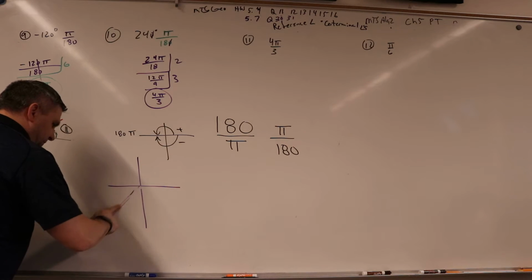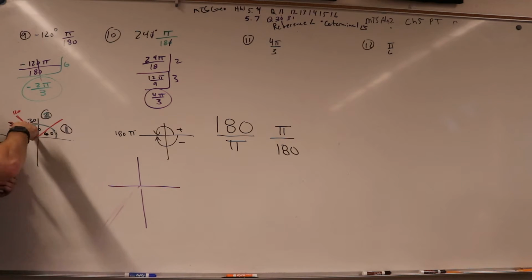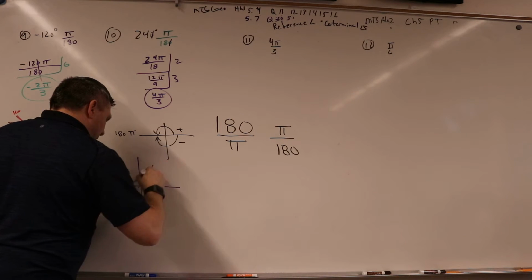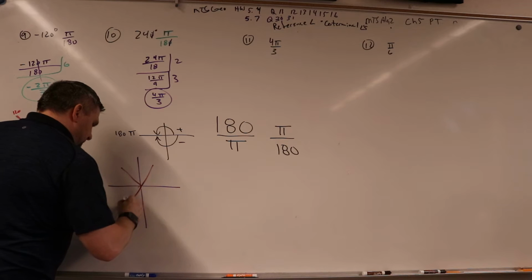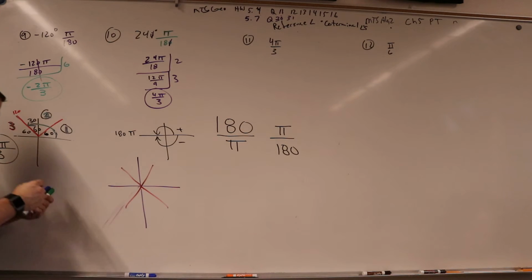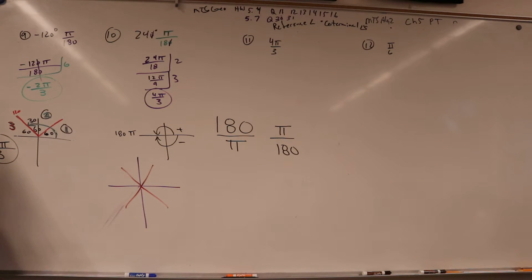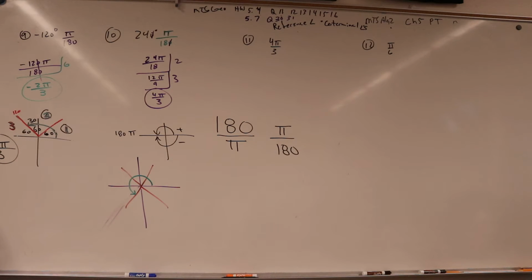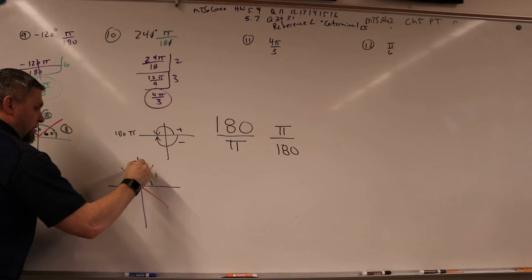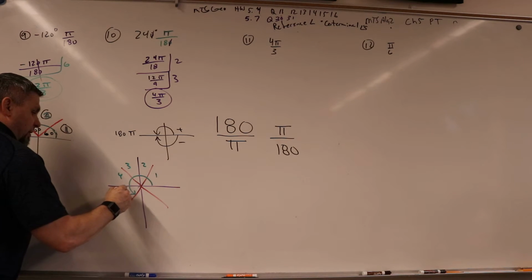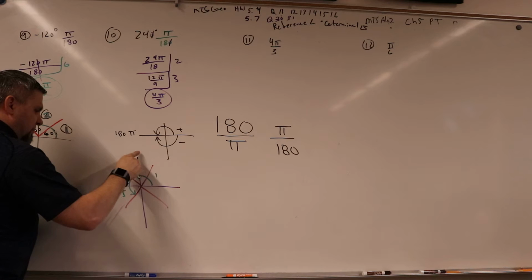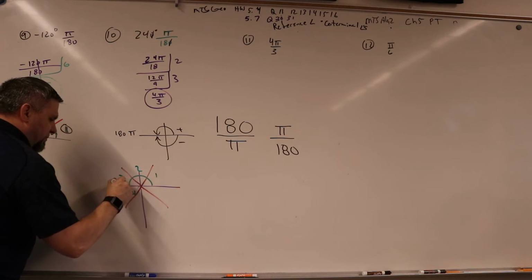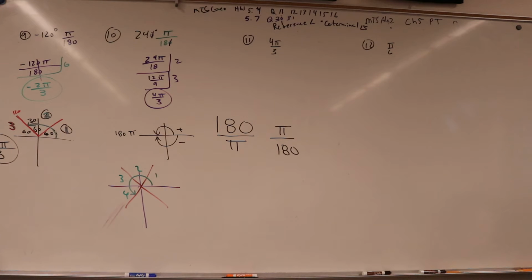It's got this piece, this piece, and this piece, and it's going around to this, because it's 1, 2, 3, 4 pieces.